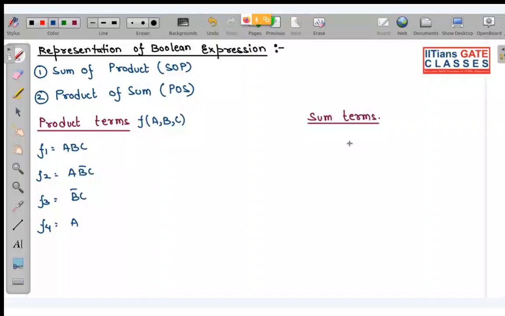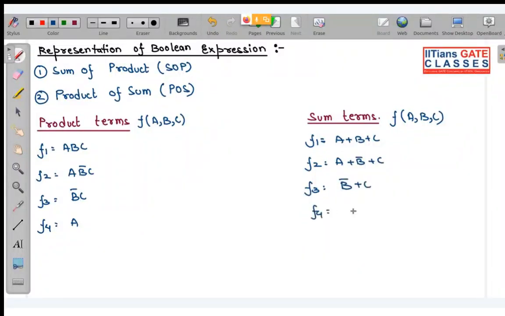Now again, if I have sum terms, so here also I have 3 variables a, b and c. So the sum terms can be like f1 a plus b plus c, f2 it can be a plus b complement plus c, or f3 it can be b complement plus c, or f4 it can be a.